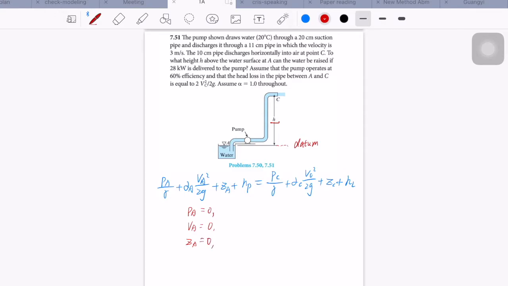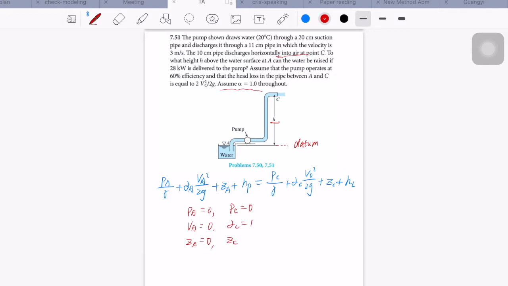And since the point C is also open to the atmosphere, PC also equals 0. And we assume that alpha equals 1, so alpha C equals 1.